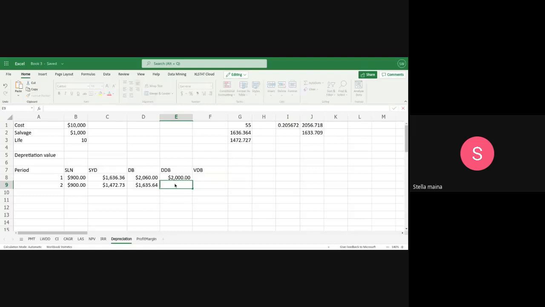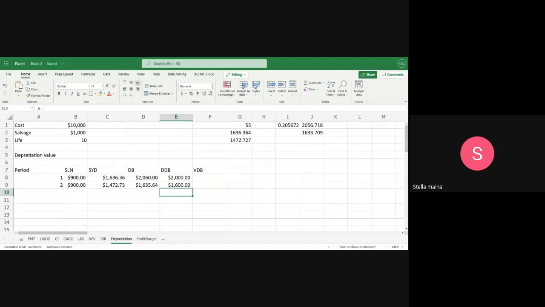To do the second one, is equals to DDB into B1, comma B2, comma B3, comma A9. So we get $1,600.